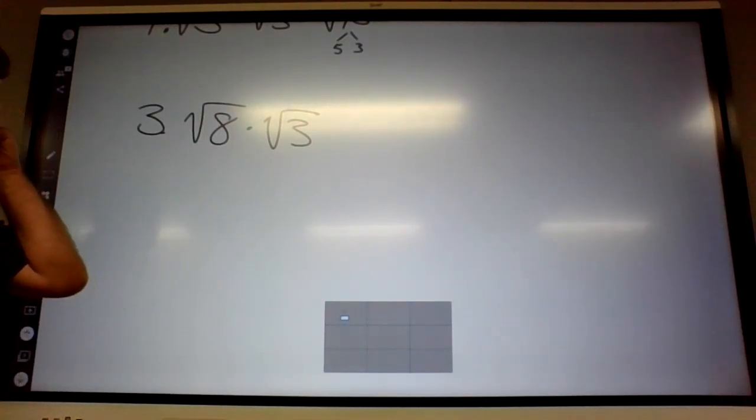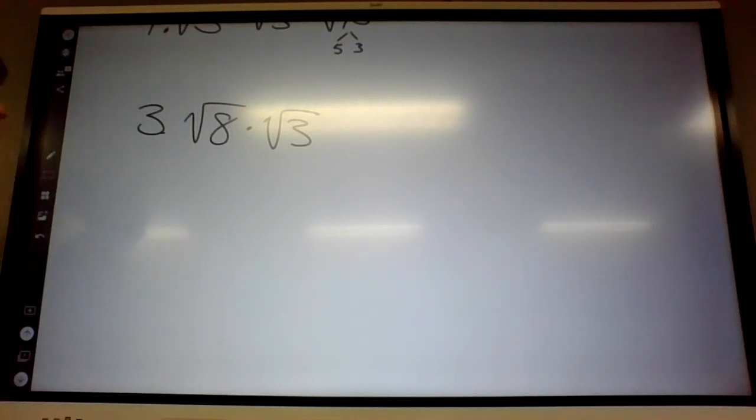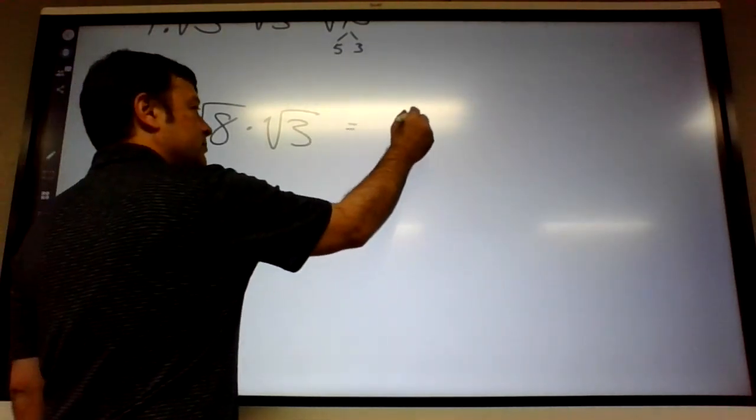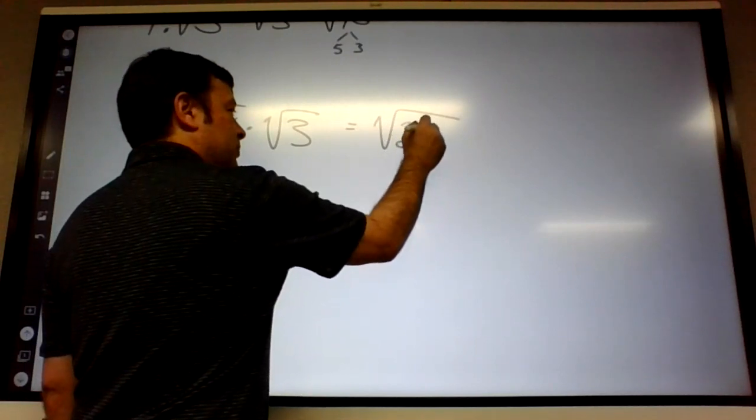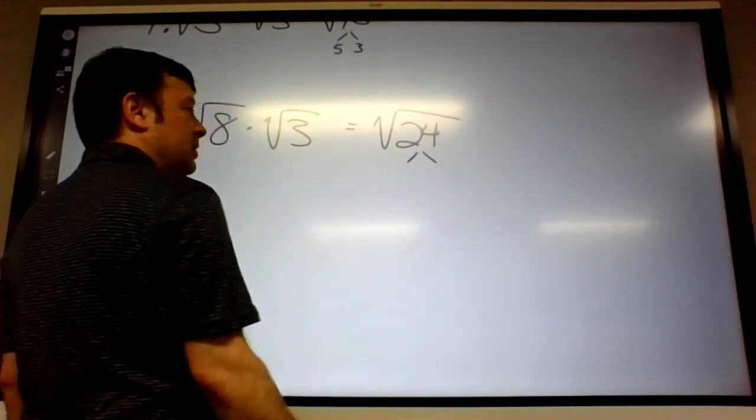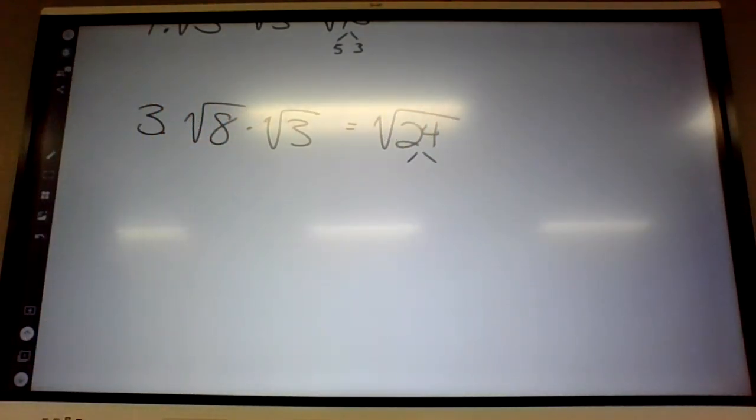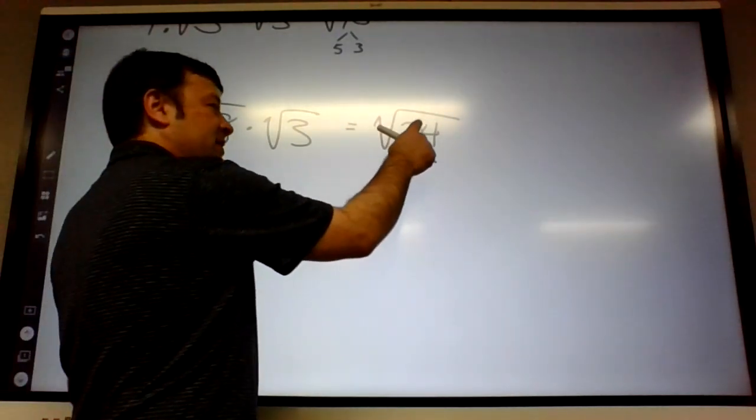So, Jackson, what do you think square root of 8 times square root of 3 is going to be? Multiply to make 24. Square root of 24. Back to that. Okay, yeah. So even though 24 doesn't have a nice square root, it's a weird decimal, something inside of it does have a square root.